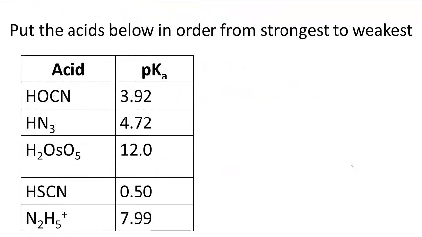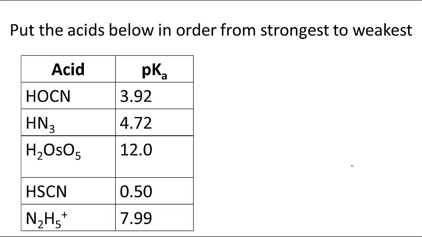So the last thing we'll do, given a list of acids and their pKa's. I love some of these acids. H2OSO5, that's a fun one. It's got osmium in it. So if I wanted to put these in order from strongest to weakest, the strongest would be the one with what in terms of pKa?